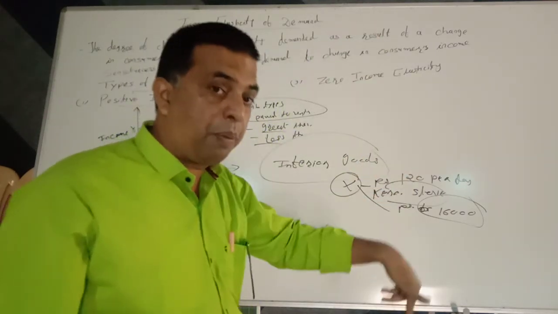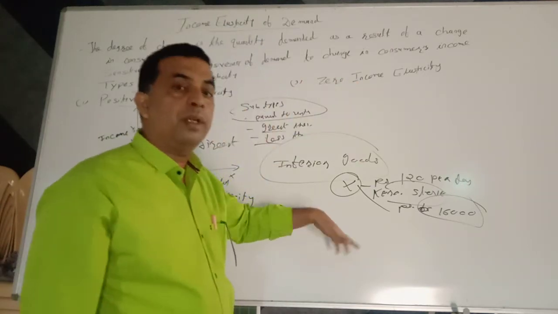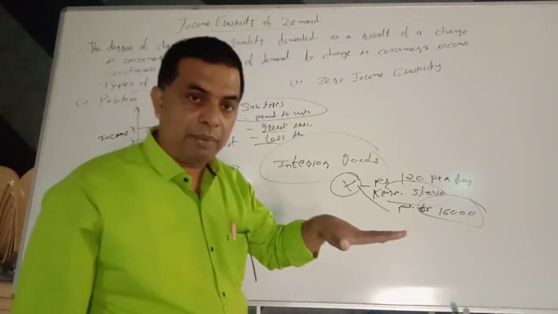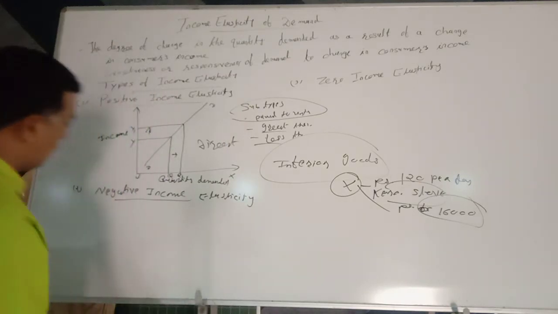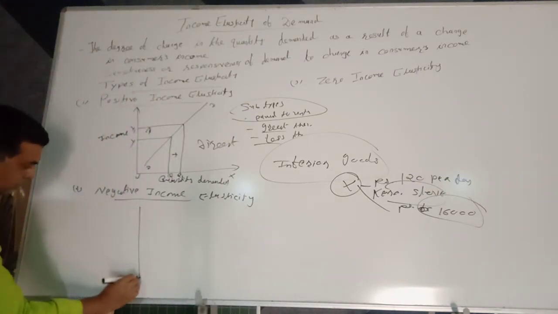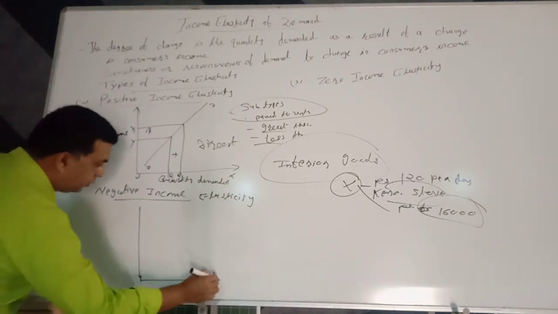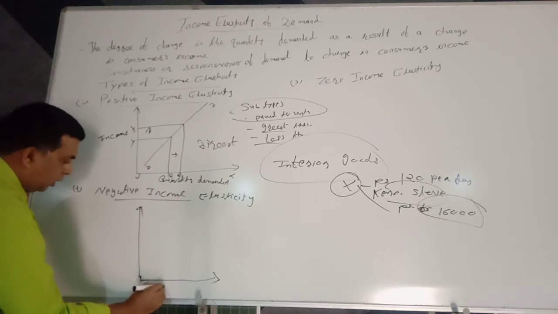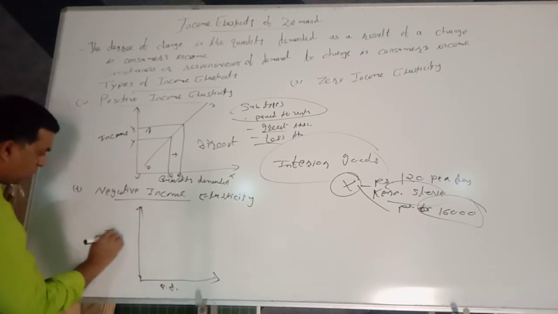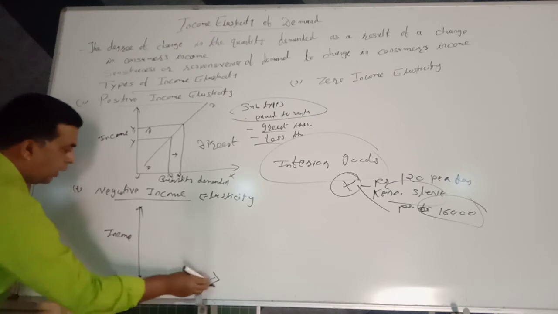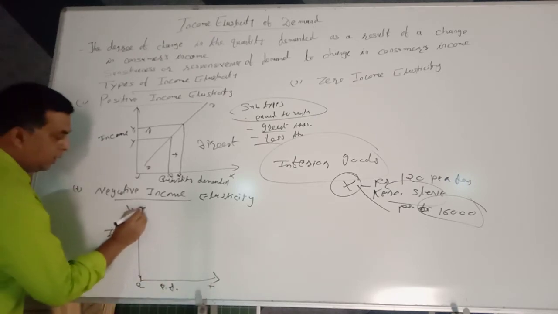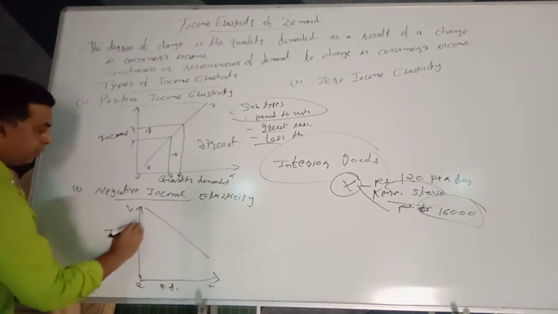So for inferior goods the demand falls, therefore income elasticity is negative. How can we indicate this? Quantity demanded on one axis, income on the other. Since the elasticity is negative, the curve will be downward sloping.